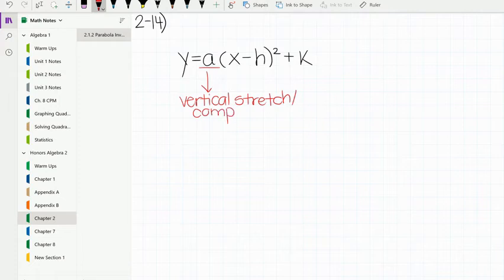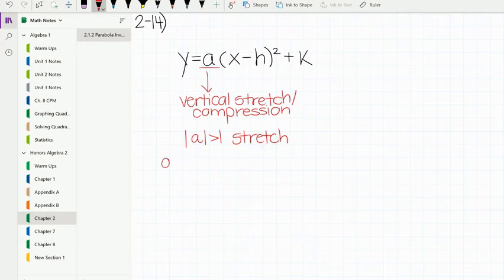Depending on what the A value is, that will determine whether it's a stretch or compression. So if the absolute value of A is greater than 1, we would consider it a stretch. So if we had a number like 2, or even something like -4, that would actually still be considered a stretch by 4. It would just also be reflected, okay?